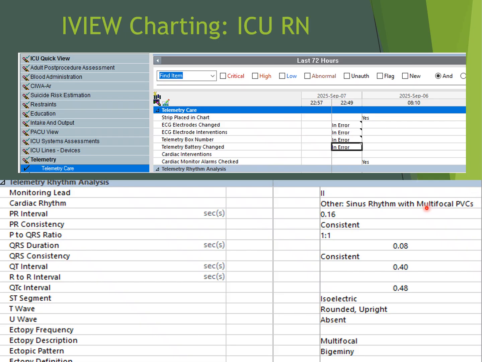They will do their measurements for the rhythm and identify any ectopic beats, frequencies, and what they look like. This information will be relayed to the medical nurse, and then the physician will be expected to either review the telemetry rhythm analysis portion on iView or go to the ICU and review the strips in person.